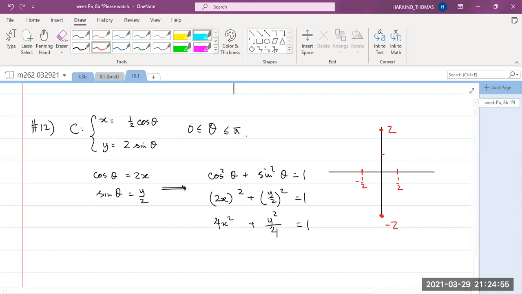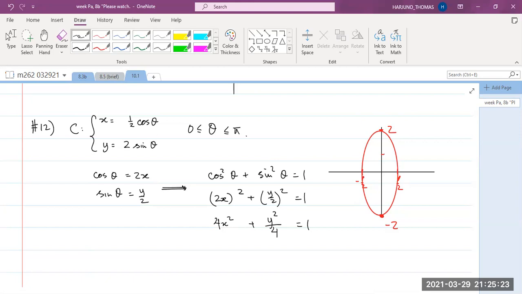So the curve is approximately this kind of ellipse, like that. Okay, that's for number 12. That's what the curve looks like.